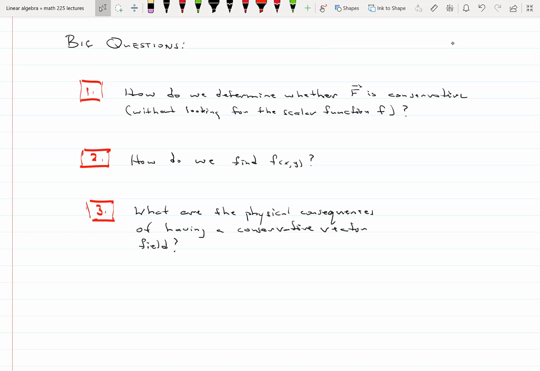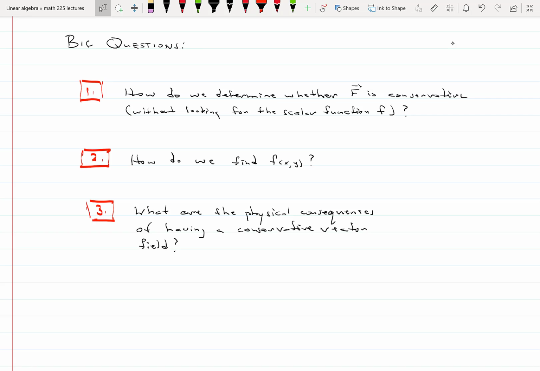And third, which I think is probably one of the most important questions to answer, what are the physical consequences? I don't mean the only ones, but what are some really important physical consequences of having conservative vector fields?